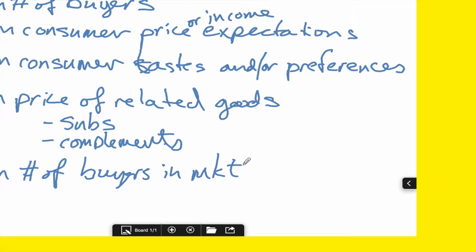Should we have the one changing consumer income, a normal good and inferior good?